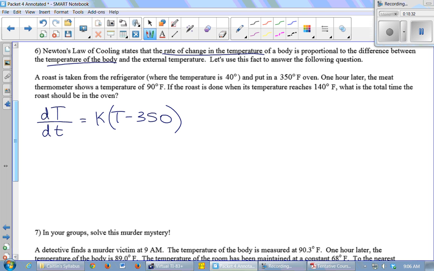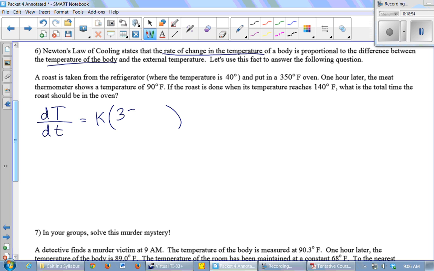Maybe it would make sense to do 350 minus T, because 350 is the larger quantity, though when I solve this I'm going to put it in absolute value because I'm going to take an ln, so it doesn't really matter.